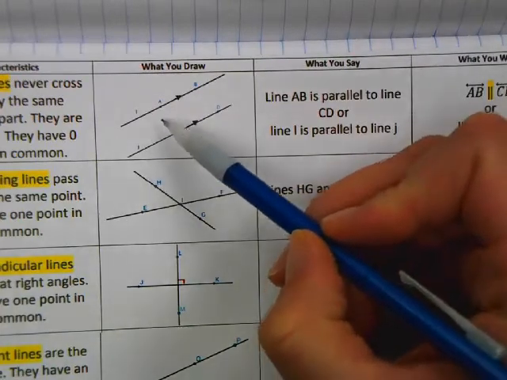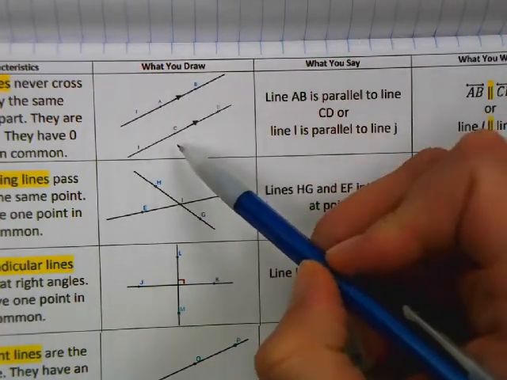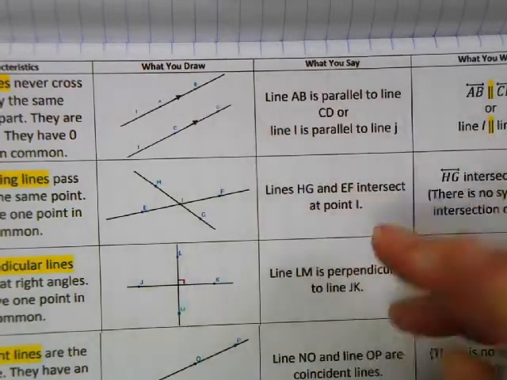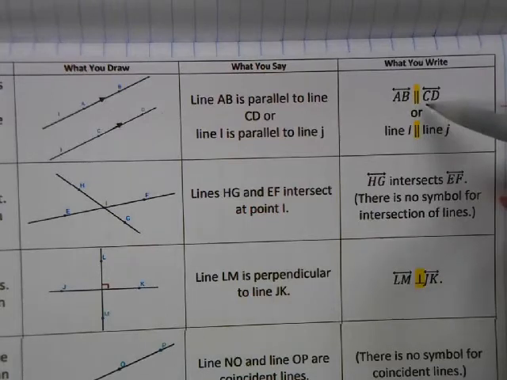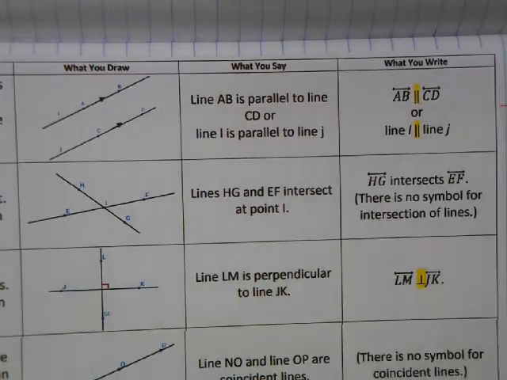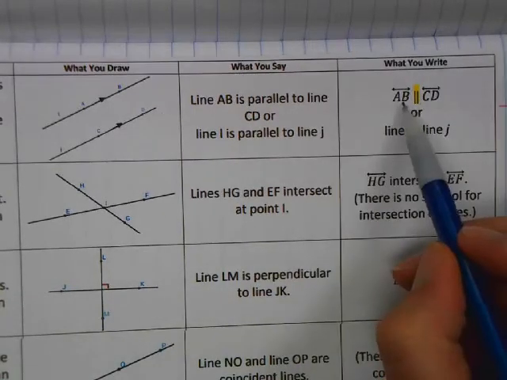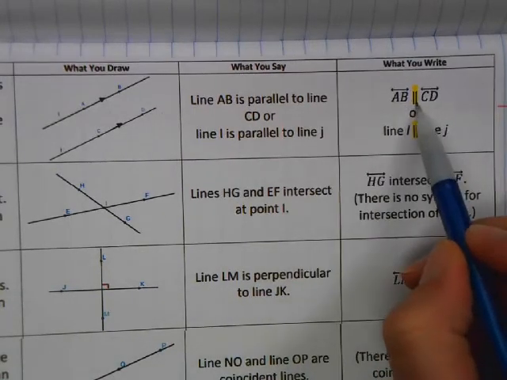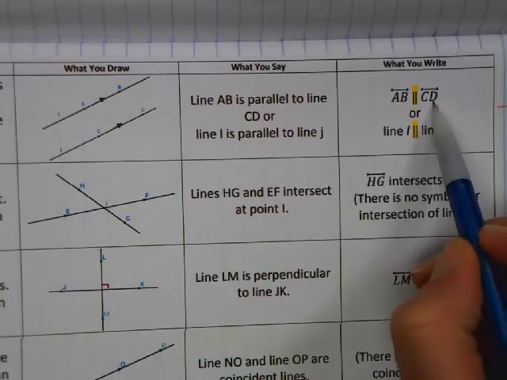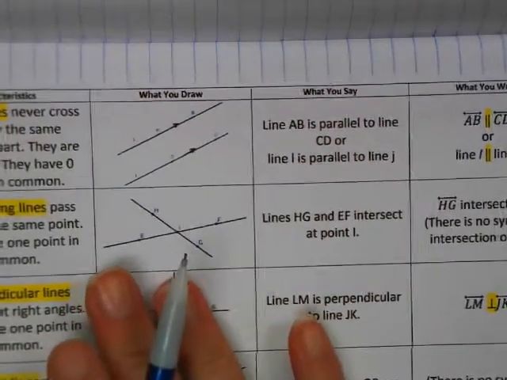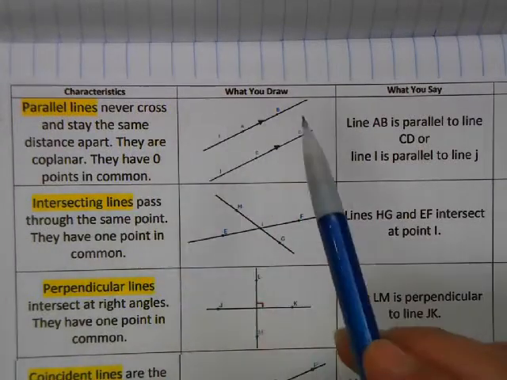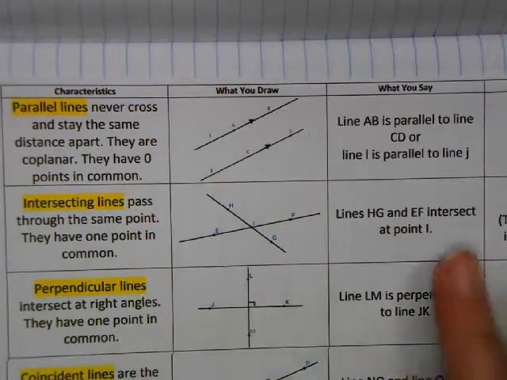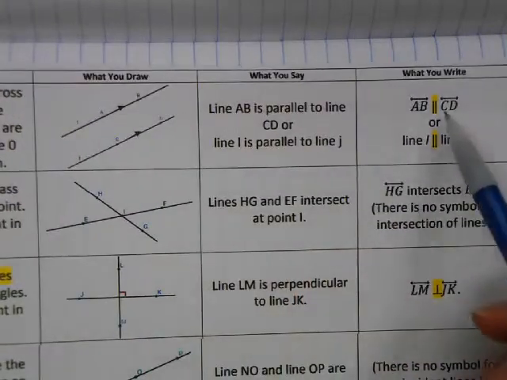So that means that this line AB is parallel to line CD. And you're going to see geometrically the symbol for parallel. So the symbol for parallel just looks like 2 lines next to each other. So you would read this as line AB is parallel to line CD. So again, it's not important just to know the definition. You now have to know how to read it in a diagram and how to write it out geometrically.